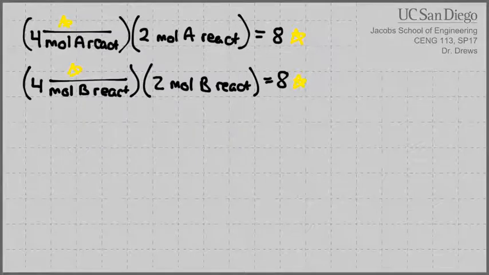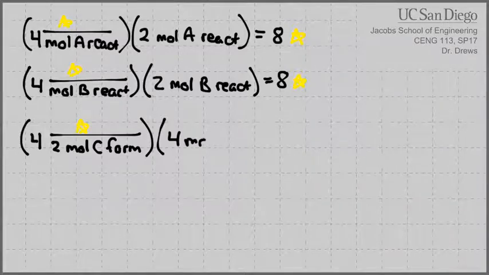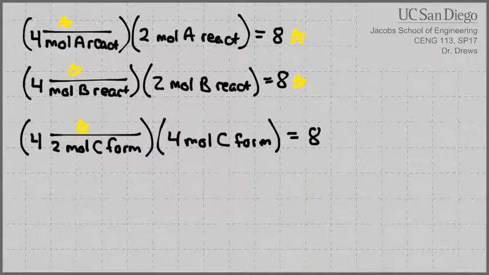Or I could do it the third way and say I get 4 stars per every 2 moles of C formed, and I formed 4 moles of C. Guess what? Again, I get 8 stars.